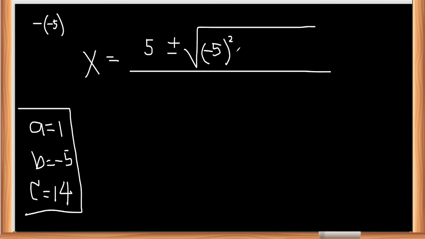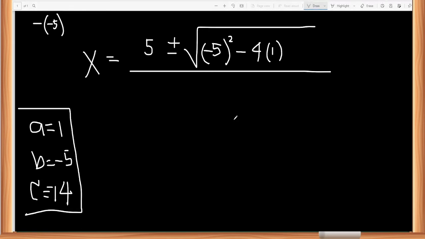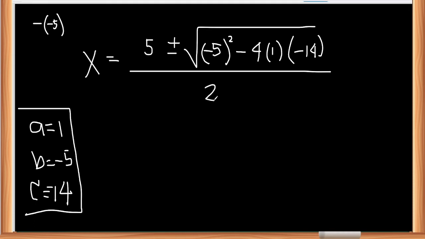And then, minus 4. 1 times 1. Sabi mo 1 times 1, ha? And then, negative 4 times negative 14. All over 2. Okay? Because it's 2 times 1.